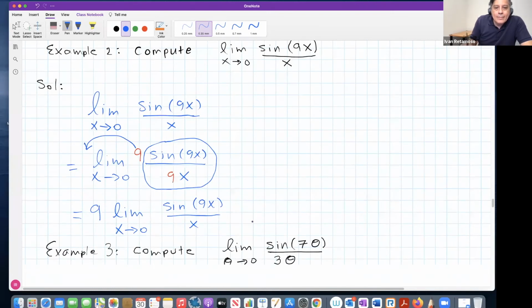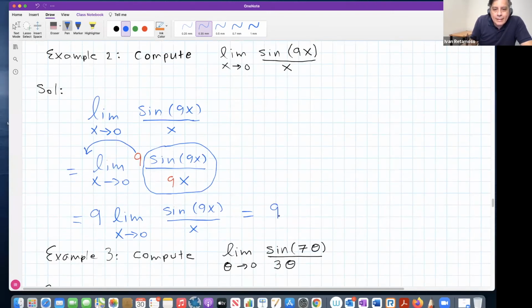But this is just the following: 9 here, this guy, nine, don't forget the 9 there. Let's write it in blue. This guy, sine of 9x over 9x, when you take the limit as x approaches 0, has a value. It's just 1, following property 2, by property 2.